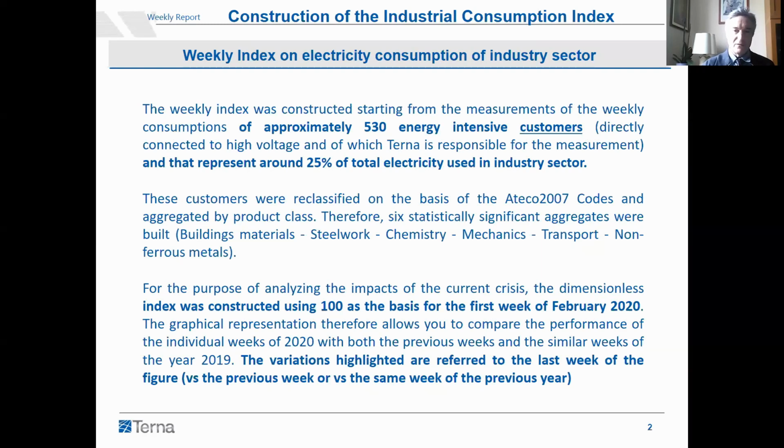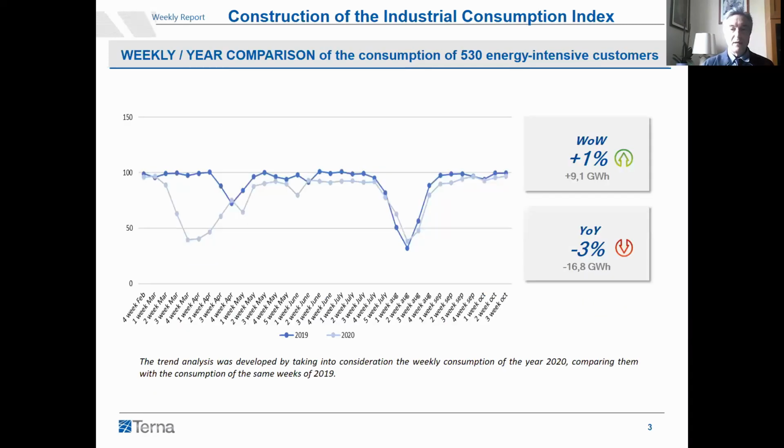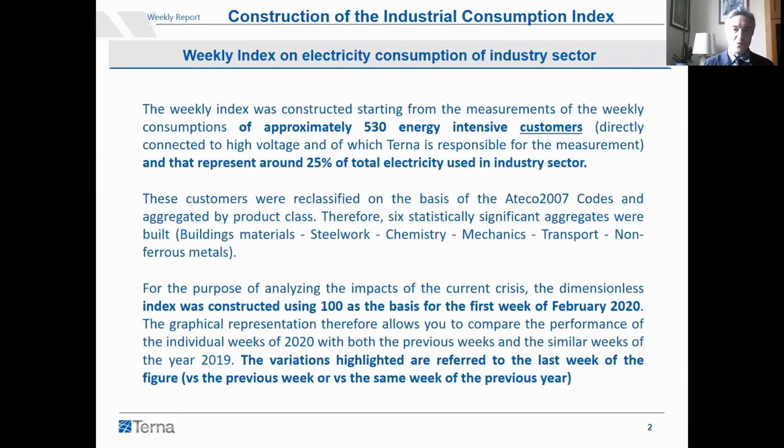And from this point, which was the beginning of the pandemic, we tried to measure what is happening week after week. And the variation was highlighted relative to the previous week or versus the same week of the previous year.